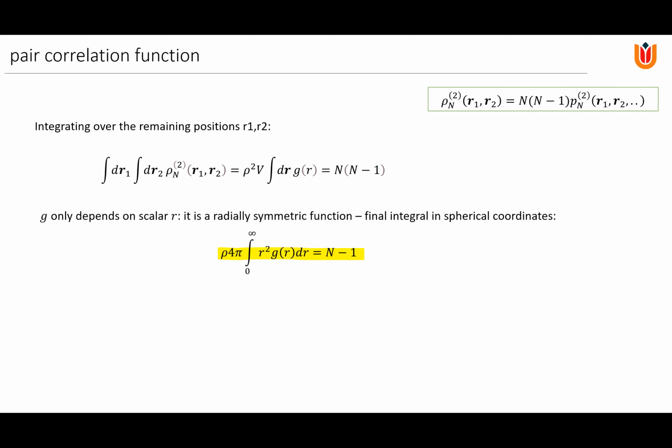So we can perform this integration here, which is a 3D integration. We can perform it in spherical coordinates. Of course, there is no theta and phi dependence here, so the integration of these angles just adds 4 pi, and what is left is the integration of r squared.